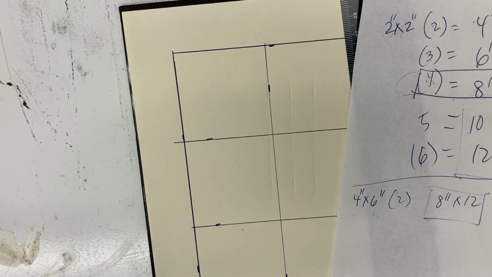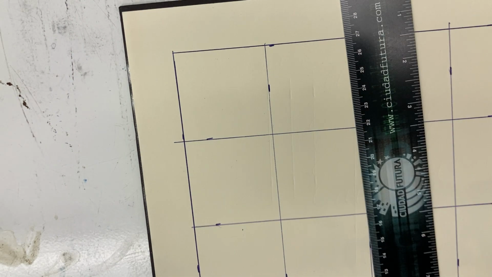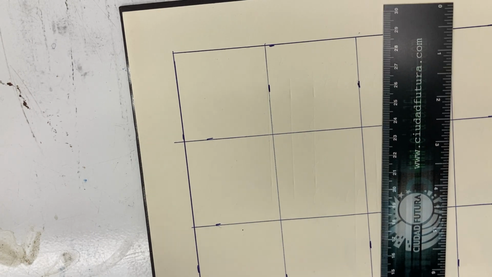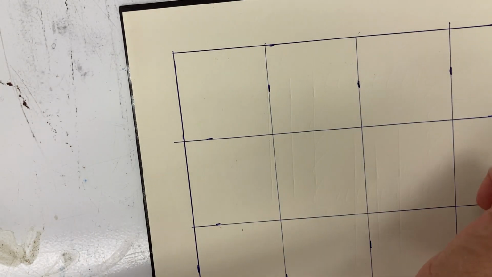Does that make sense? Yes. Okay. Some kids may have done this already. If you've done this before and you're an expert at it, can you do something else? Yeah, you're welcome to try a different size.